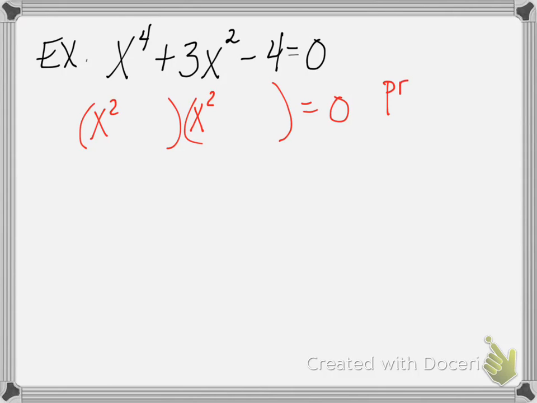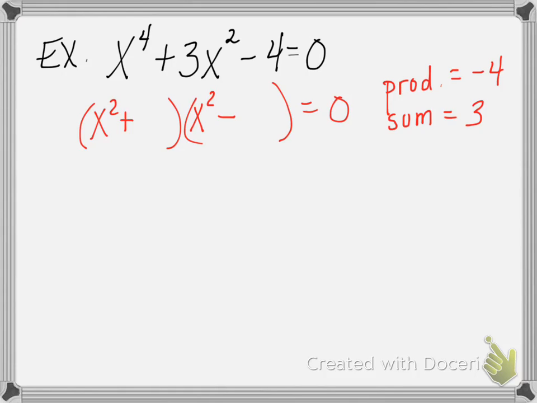But now look, we need two numbers that have a product of negative 4 and a sum of 3. So how can two numbers multiply to be negative? Well, it has to be one positive, one negative. That's the only way you can get a product of a negative number. So how can I get a product of negative 4, but those numbers add to be 3?